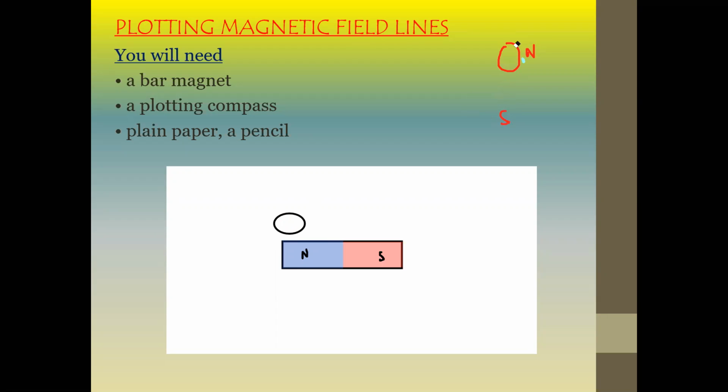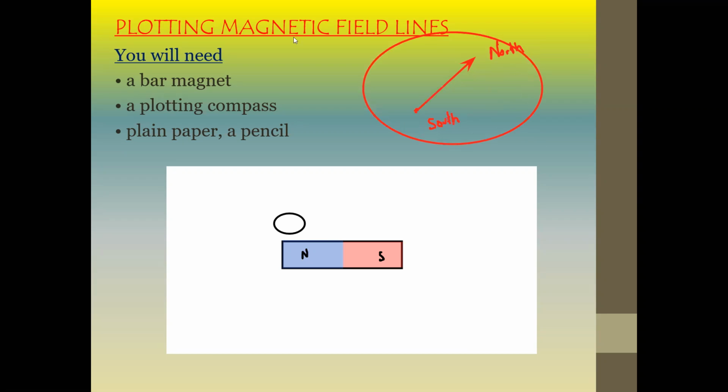For explanation, I'm only using one arrow for a plotting compass. Say example, the head is representing the north of the plotting compass and the tail is representing the south of the plotting compass needle. Because the needle of this plotting compass is also a permanent magnet.